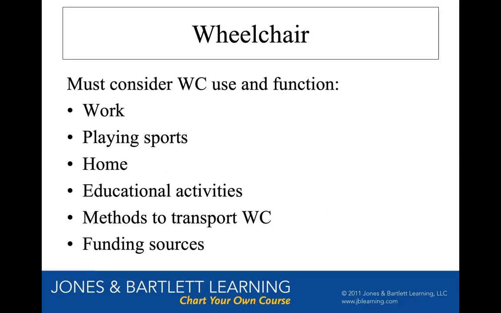Okay. Now, these are other things to consider when considering a custom chair. Are they going to be using it primarily at home and for work? Is it going to be a sports chair, which is a totally different world, which I'll show you some sports chairs in a minute? Is it going to be mostly for a kid at school?